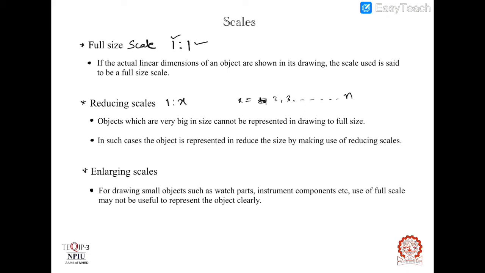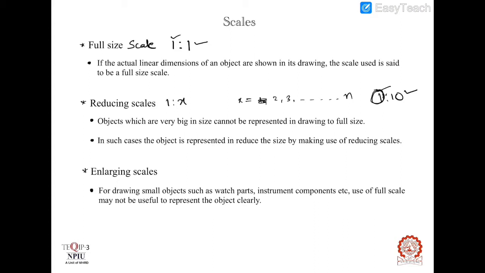Suppose we are taking a reducing scale like 1:10. It means 10 units of the object are represented by 1 unit on the drawing. Let's say the length of the object on the ground is 10 centimeter, that we are representing on the drawing as 1 centimeter. Clear? It means we are using a reducing scale.